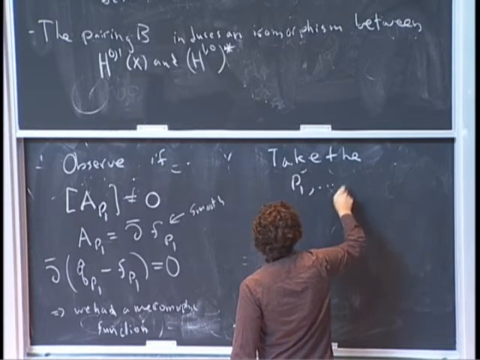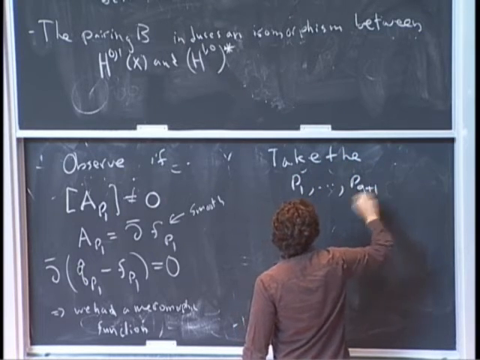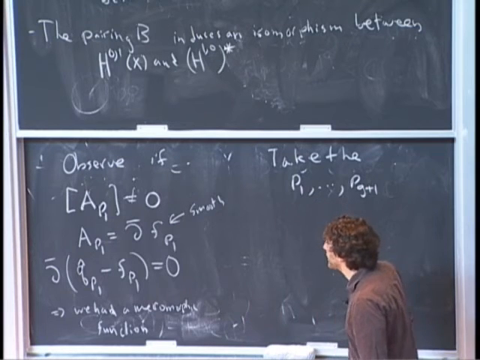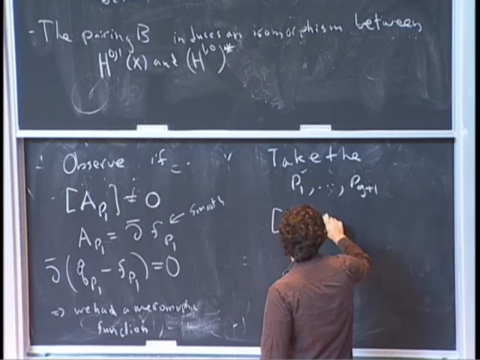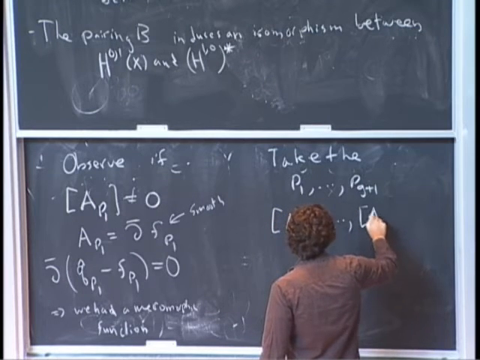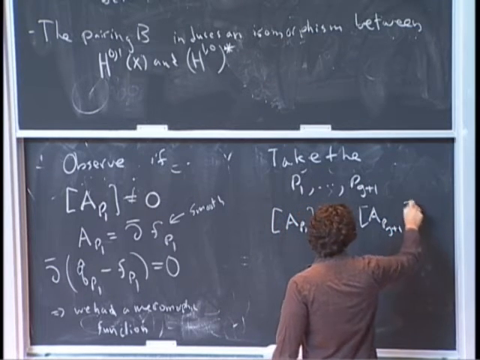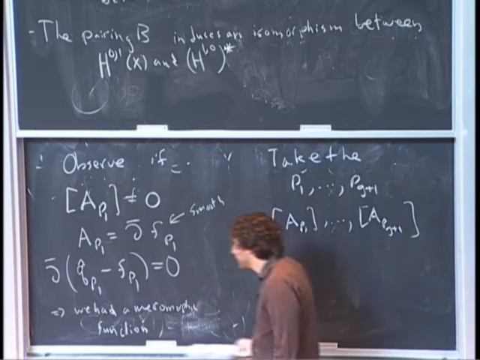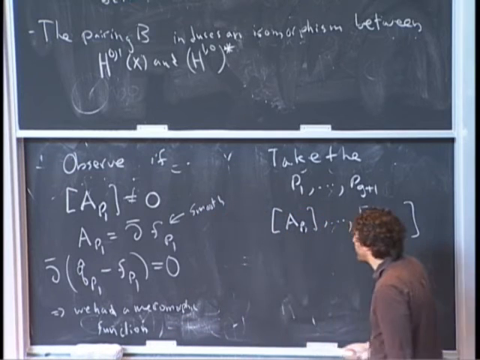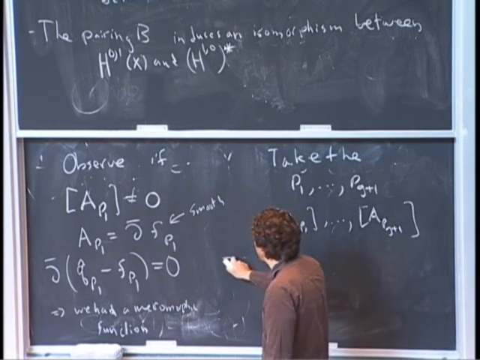points P1 up to P_{g+1}, we can do exactly the same thing, and now we get these classes A_P1 up to A_{P_{g+1}}. But now we have g plus 1 elements inside of a g-dimensional space, so these have to be linearly dependent.